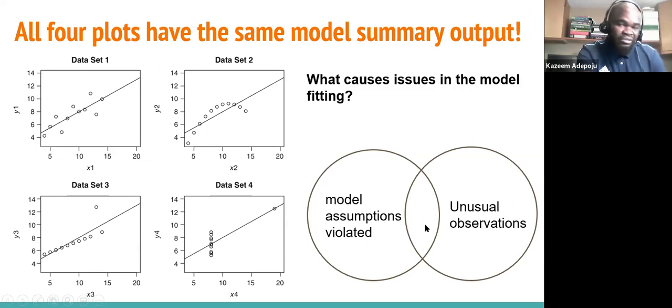As you can see, there is no common point between them. We need to investigate whether model assumptions are violated, and we also need to investigate the presence of unusual observations.